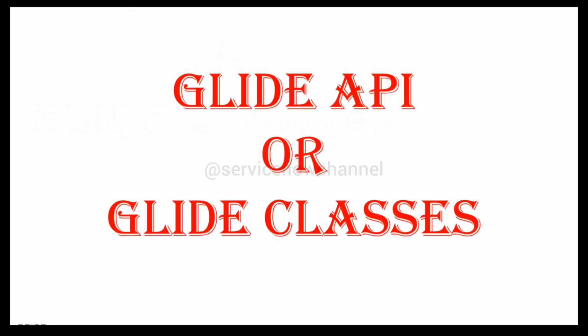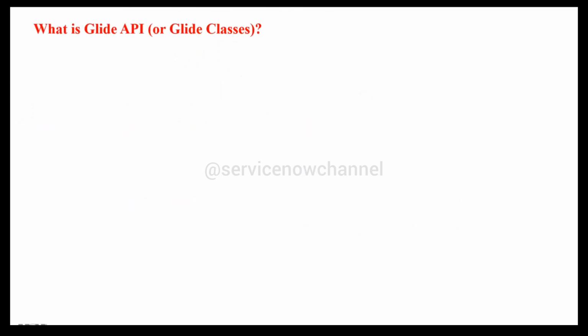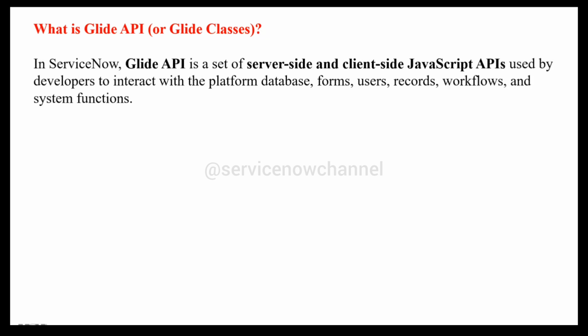Today we are going to see about Glide API or Glide classes in ServiceNow. So let's see what is Glide API. We can call Glide API as Glide classes also in ServiceNow. So what is Glide API? In ServiceNow, Glide API is a set of server-side and client-side JavaScript APIs used by developers to interact with the platform database, forms, users, records, and workflows.